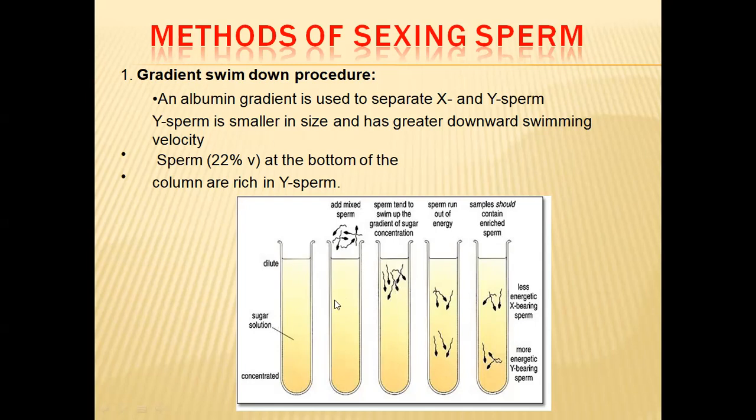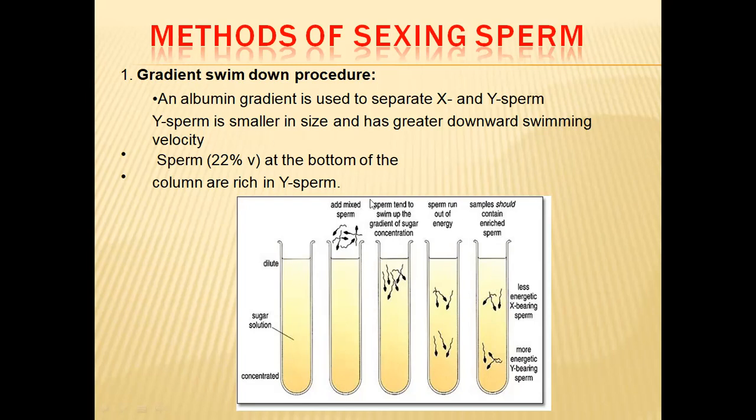When sperms are added to this solution containing sugar, the Y sperms will go faster than the X sperms, so that we will get more energetic Y sperms at the bottom of the test tube, and less energetic X bearing sperms will be in the supernatant.